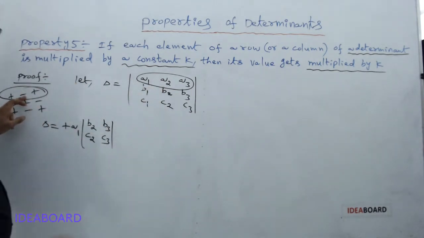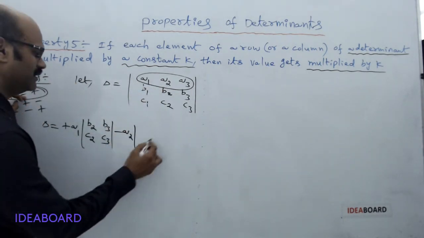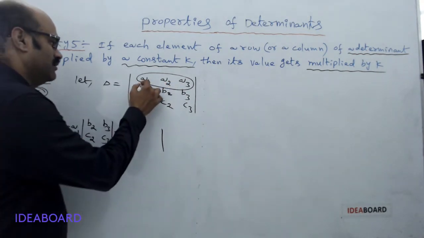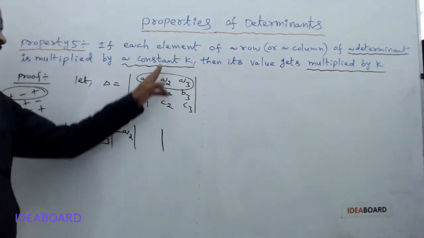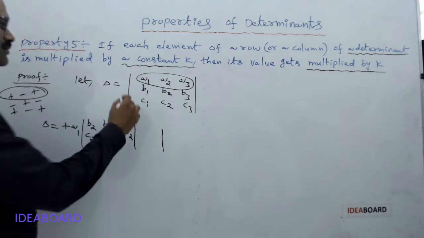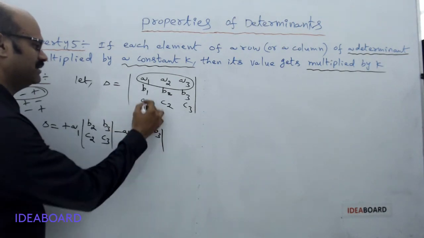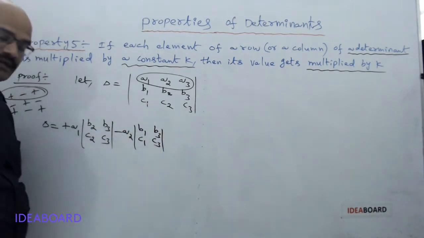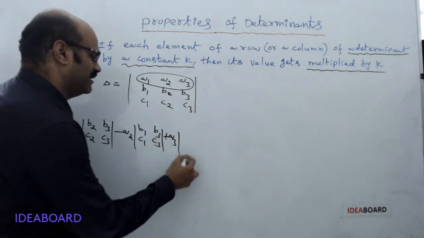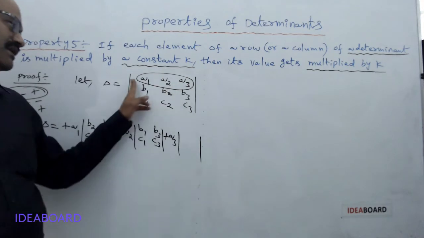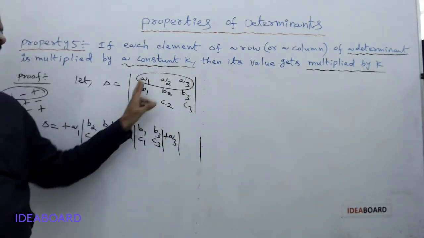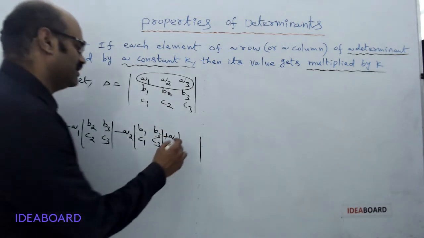Next minus a2 into determinant of, a2 lies in first row and second column, then we have b1, b3, c1, c3. Now plus a3 into minor of a3. a3 lies in first row and third column, so we have to take the remaining four elements in a determinant b1, b2, c1, c2.